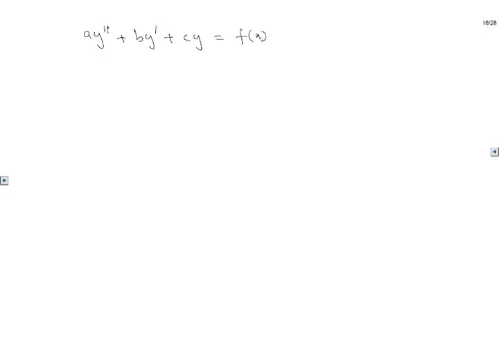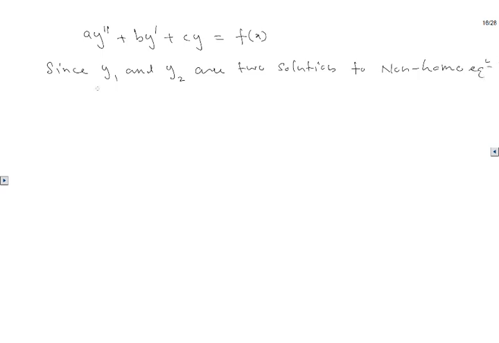Now, since y1 and y2 are two solutions to the non-homogeneous equation, you can plug them in.